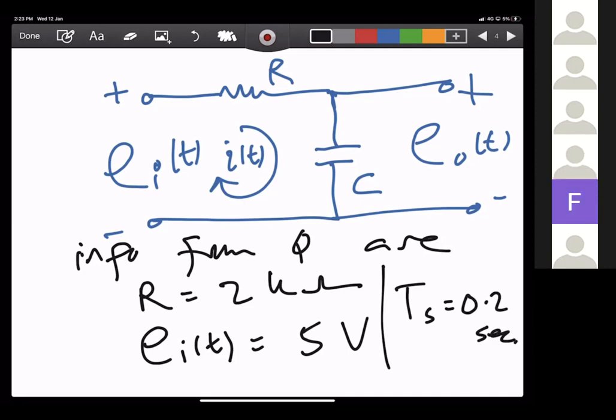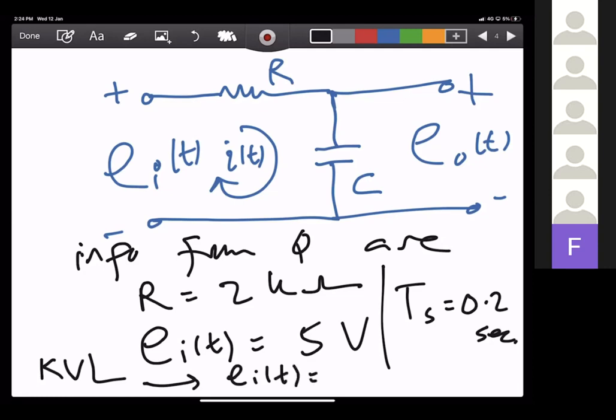Isma, what is KVL? Kirchhoff's voltage law. IR plus the integral of I times 1/C. Not in brackets, I1 plus I2. What is the capacitor formula? 1/C. Okay.